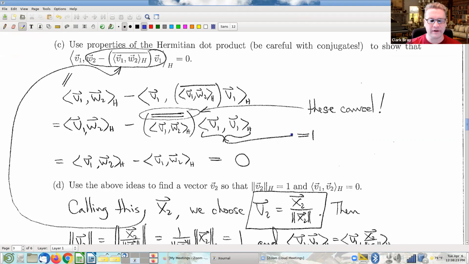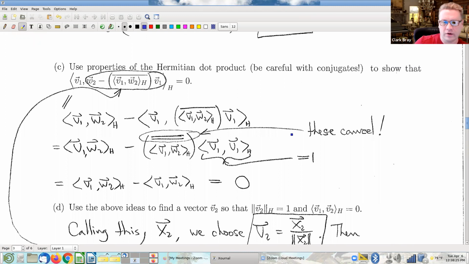By the way, if you're wondering, where does this conjugate bar come from? One could argue that maybe it would have been just as good to rewrite the x2 vector.